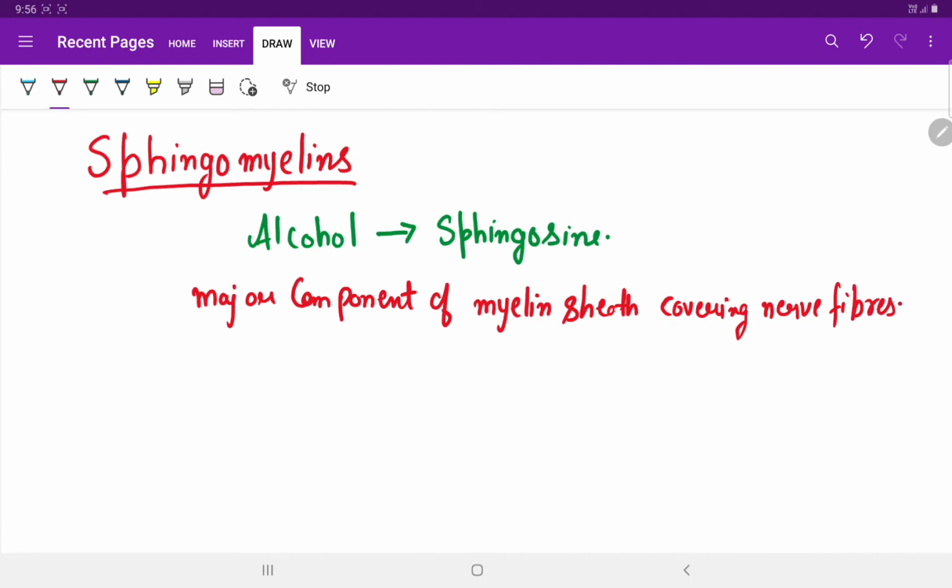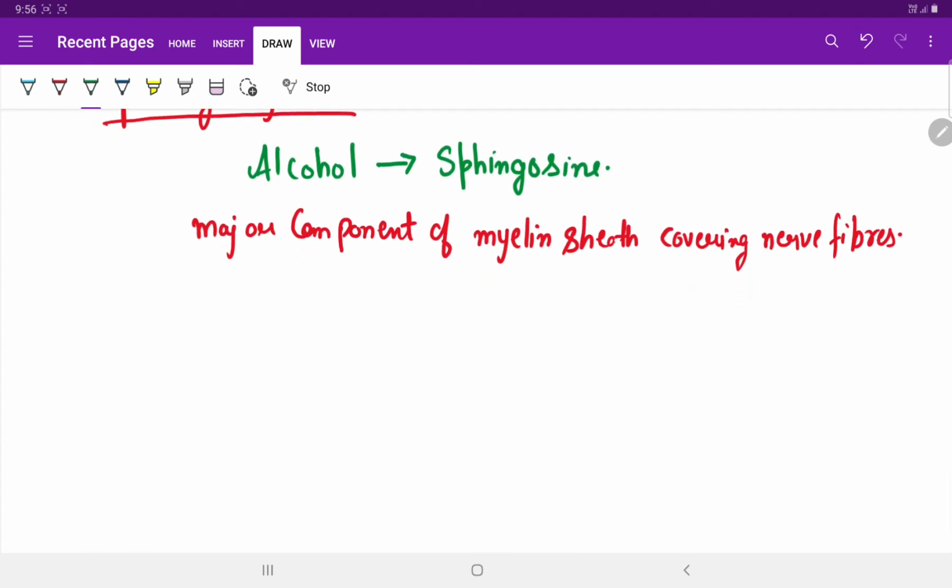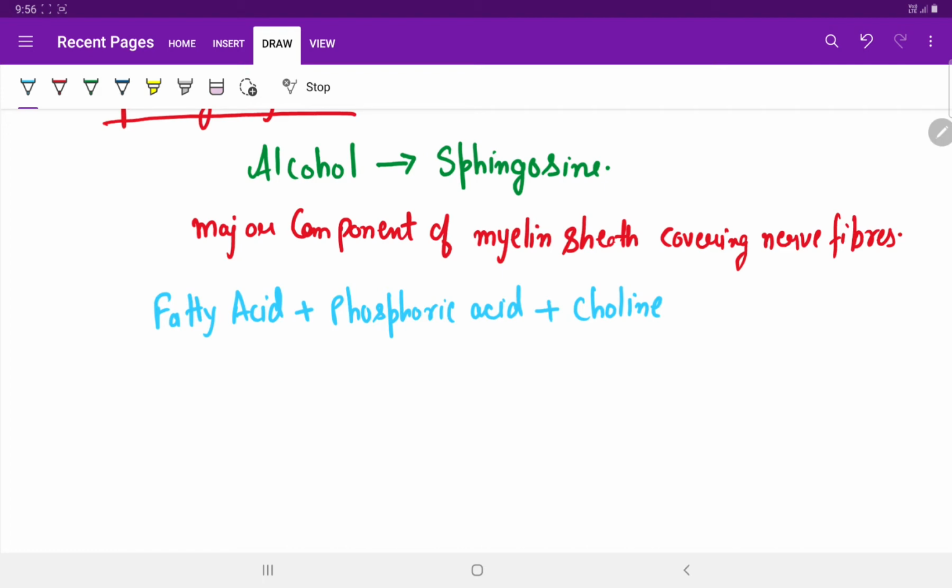The components of the sphingomyelin include, now what are its components? Its major components are number 1, a fatty acid, then phosphoric acid, the third one is a molecule of choline, then an amino alcohol known as sphingosine.